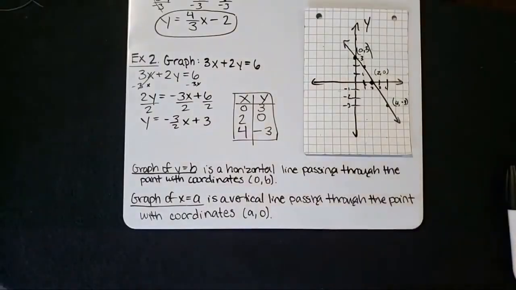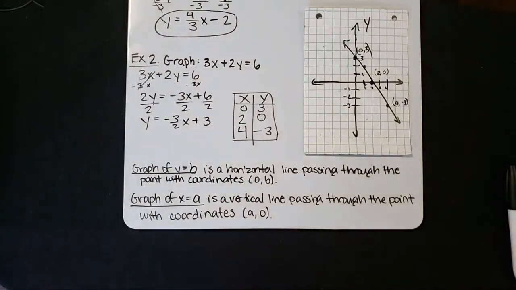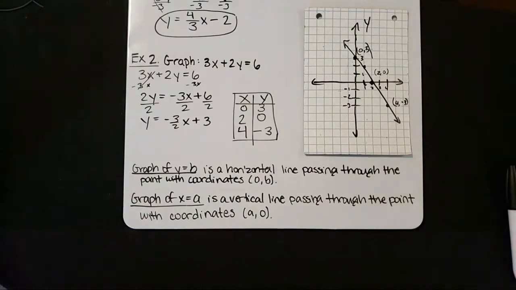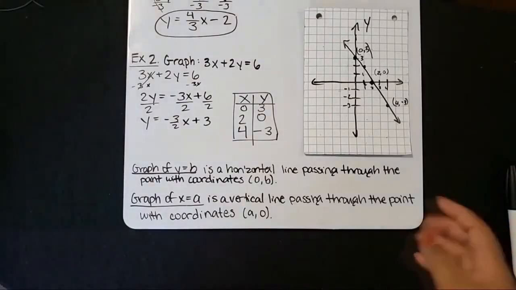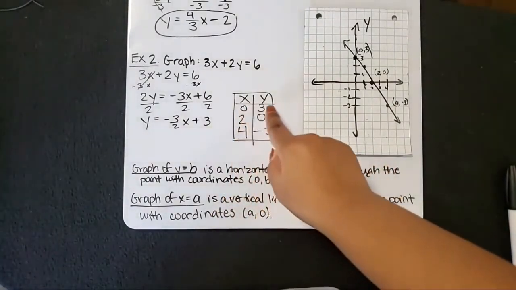All right. For the next part, we're going to start going into the x and y intercepts. So y equals b is a horizontal line passing through the point with coordinates 0, b. So we have seen some of those, like this one, 0, 3.